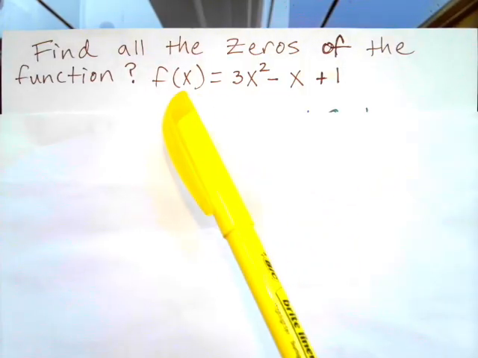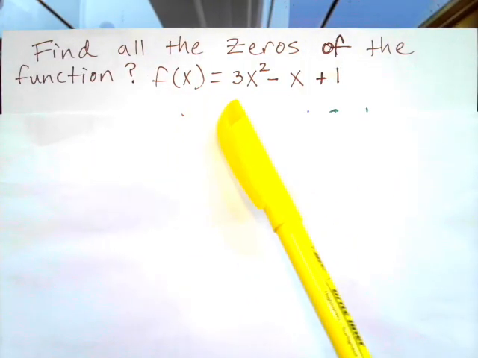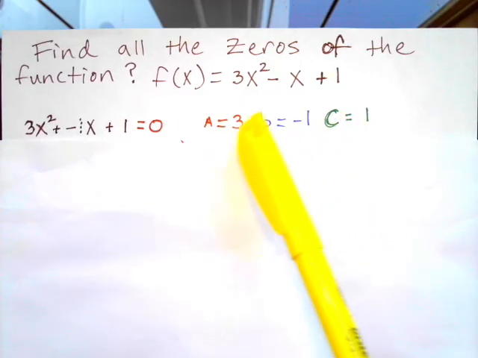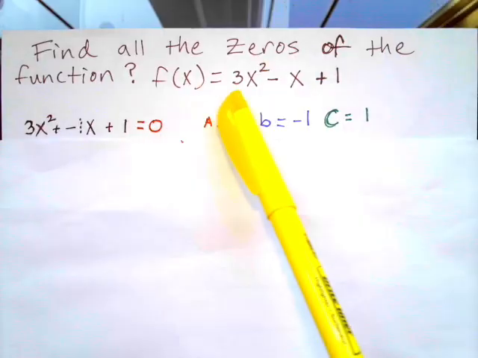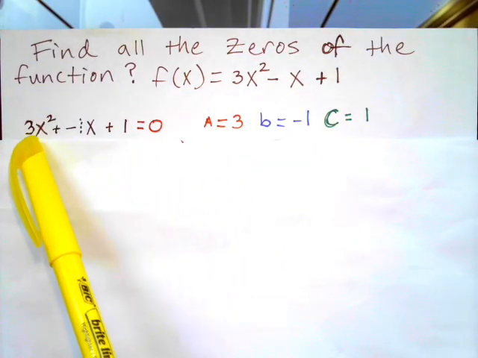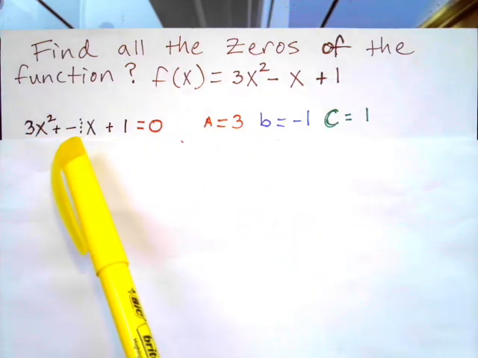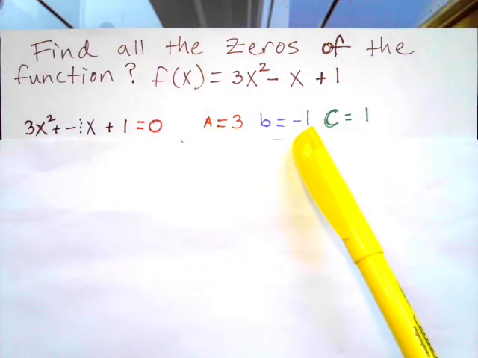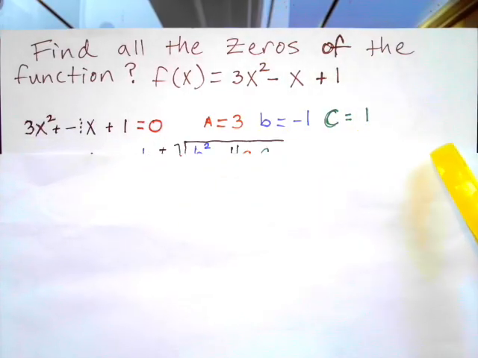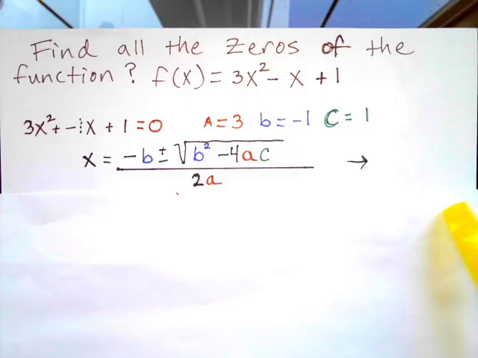So the first thing we need to recognize, in order to set up your A, B, C values, like we did here, you have to set this equation equal to 0. Now I can label my A value 3, my B value, that invisible -1, and my C value +1. Simply going to substitute it into the quadratic formula.